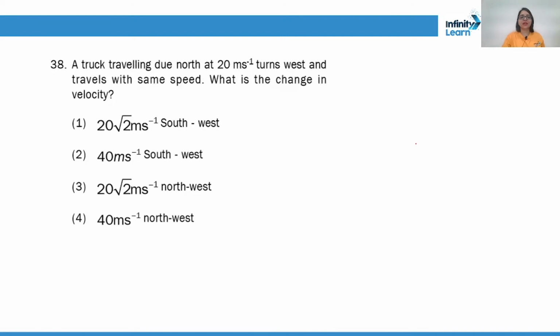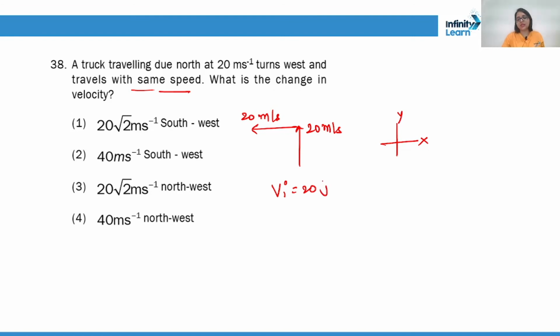Question number 38. A truck traveling due north at 20 meter per second turns west and travels with the same speed. What is the change in velocity? So if you take this as x-axis and this as y-axis, the initial velocity is 20 j cap.